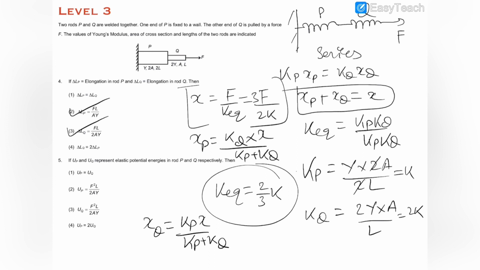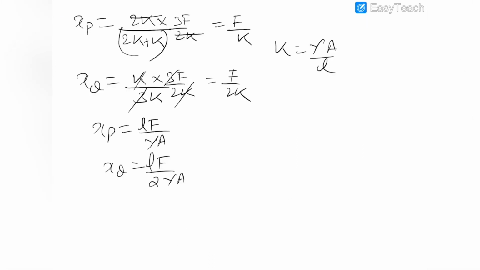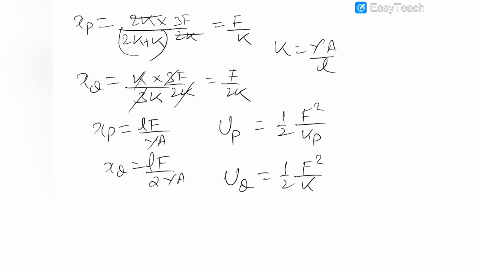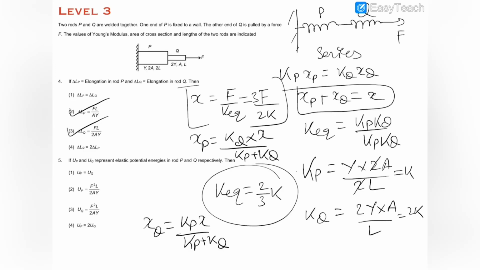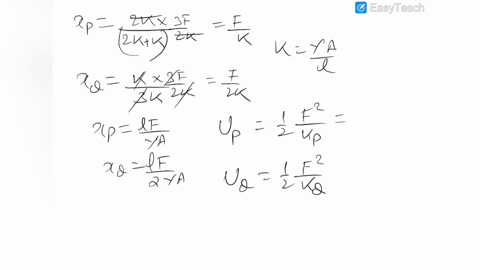Now if we find out the energy, we know that energy in P will be half F square by Kp, and energy in Q will be half F square by Kq. Now Kp is equal to K and Kq is 2K. So this is F square by 2K and this is F square by 4K.